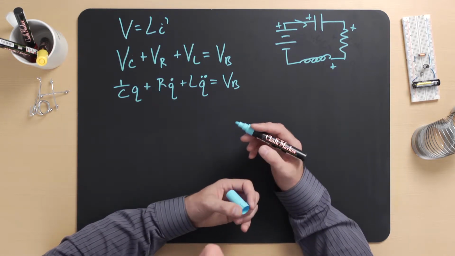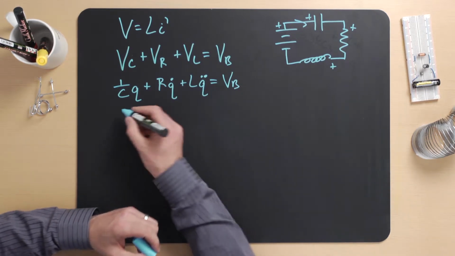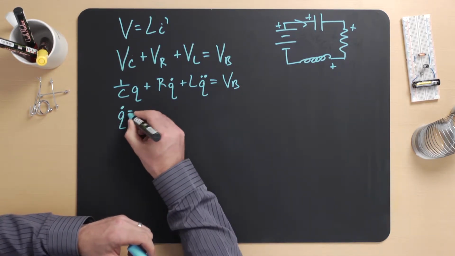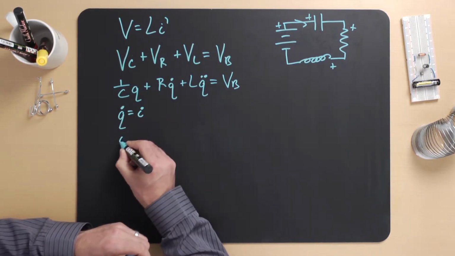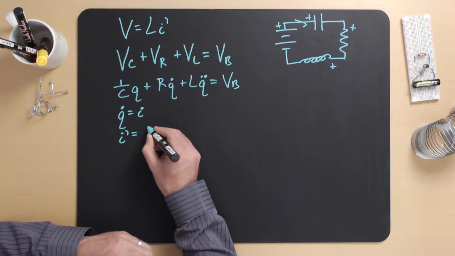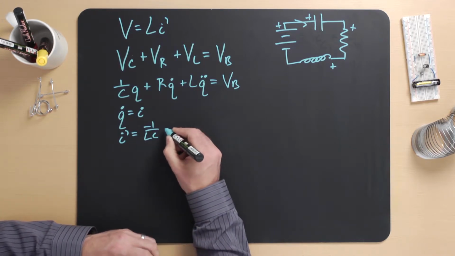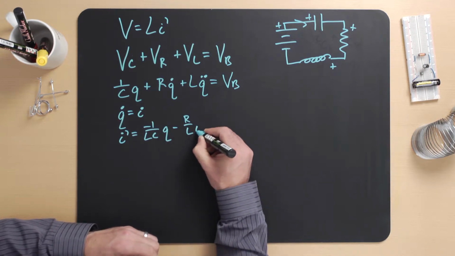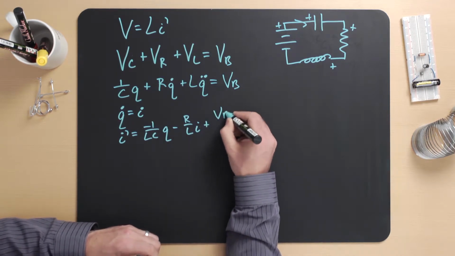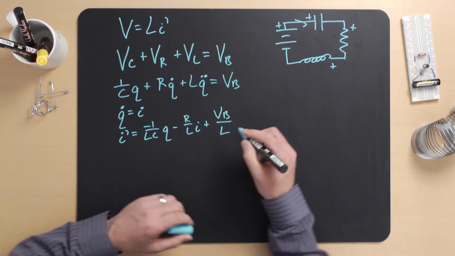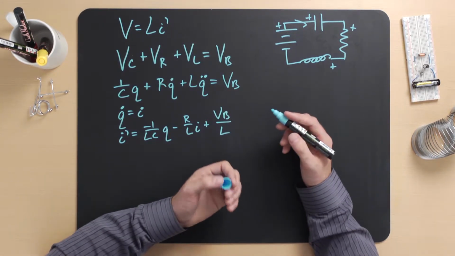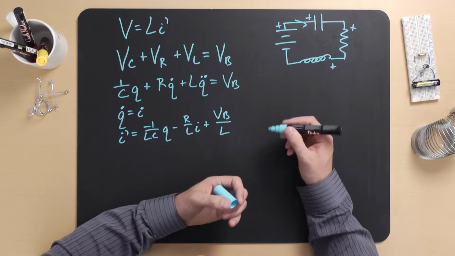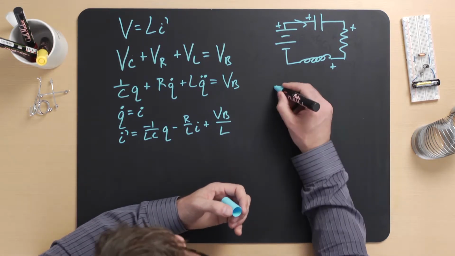I can rewrite this differential equation in first-order form. Q dot is equal to I, and I prime is equal to minus 1 over LC Q minus R over L I plus VB over L. And then I can rewrite that equation in matrix and vector notation using W equals QI.